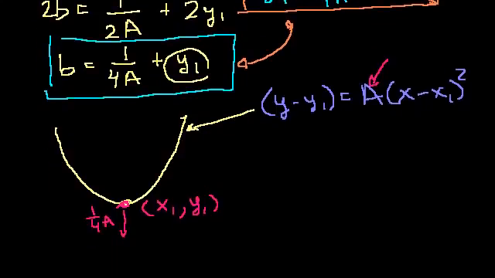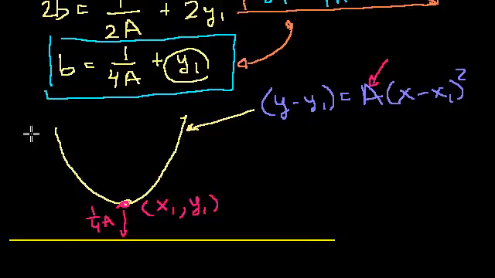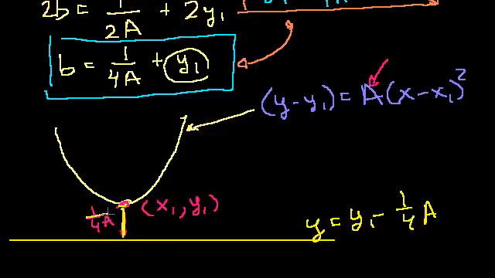So your directrix is going to be right there. And let me write, this is y is equal to y1, which is just this level, minus 1/4a. But this is the intuitive part. Just remember, you're going 1/4a below the vertex.